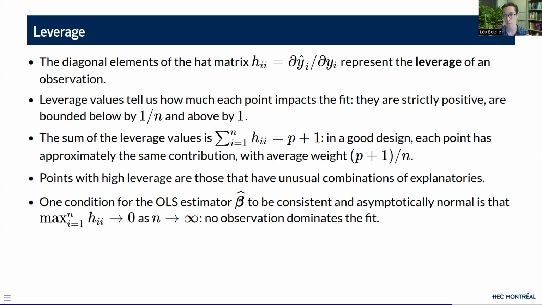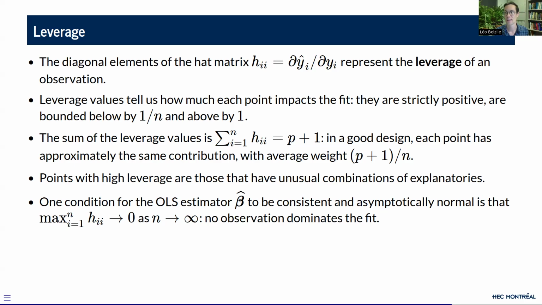One condition for my model estimator to retrieve is that no point dominates, okay? So I have some uniform convergence. No point is going to matter. The more observations I gather, every observation somehow, even the large ones, should contribute more or less equally.